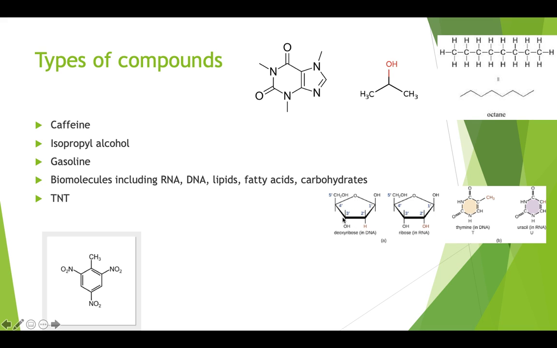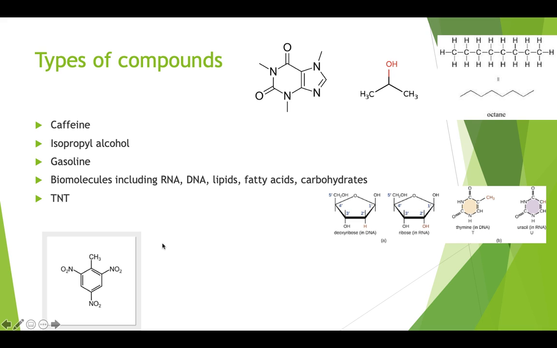And there's all sorts of ways of naming these because of it being a sugar. And this one would be RNA, and then this is a T, or thymine, in DNA, and a U, or uracil, in RNA. And you can see how those two are slightly different, and that's how they have different properties.